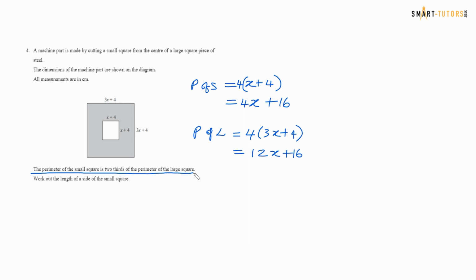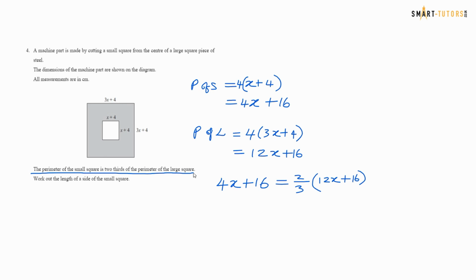Now read the relationship carefully. The perimeter of the small square, 4x plus 16, equals 2/3 of the perimeter of the large square. Of means times in maths. So 12x plus 16. That's all you need to do.